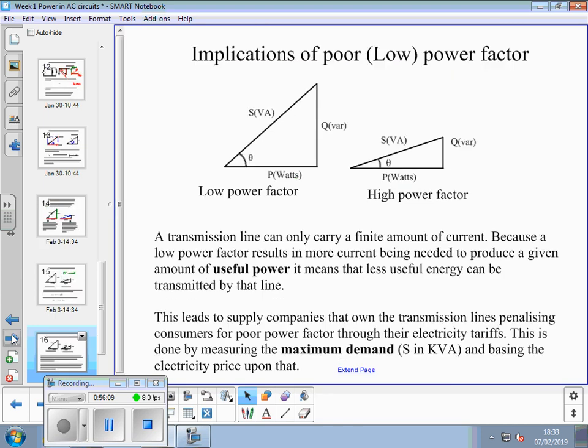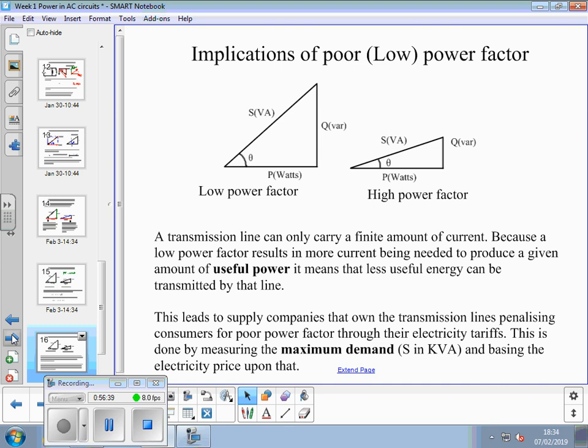Right, implications of poor or low power factor. Transmission lines, your cables hung up or buried in the ground, can only carry a finite amount of current according to their size. Because low power factor results in more current being needed to produce a given amount of useful power, it means that less useful energy can be transmitted by that line.